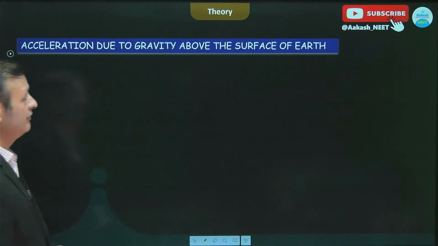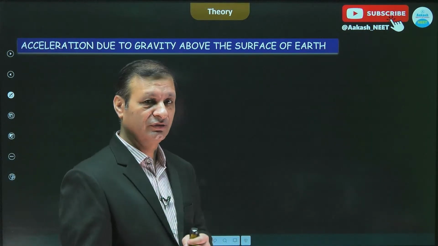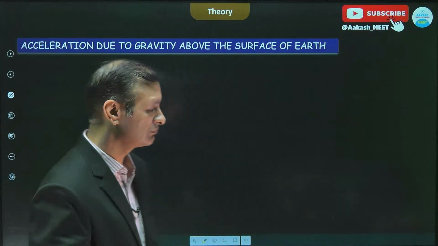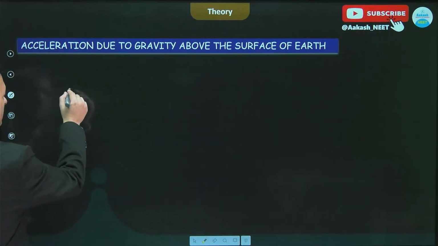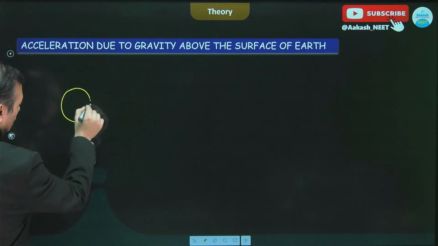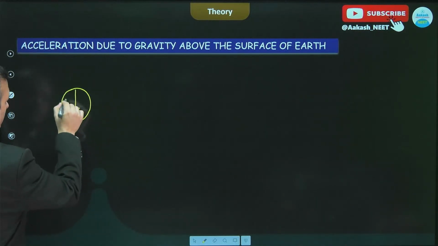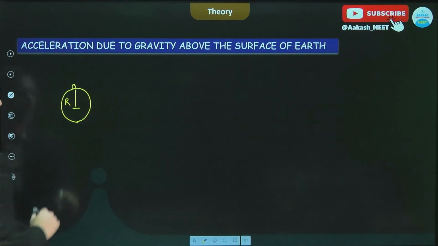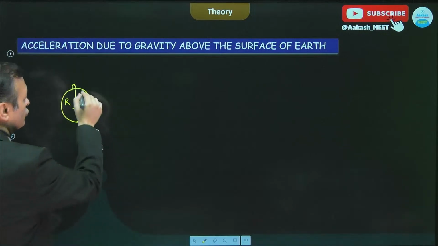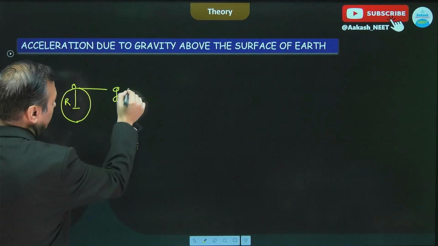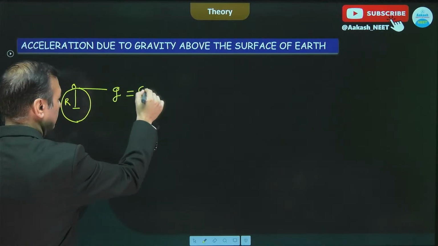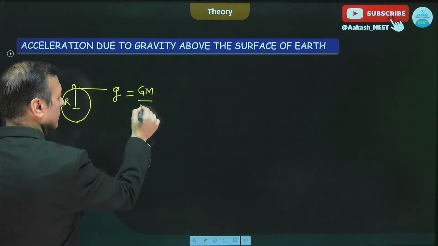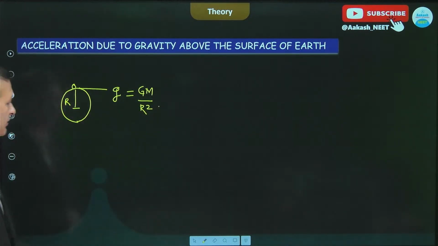Now acceleration due to gravity above the surface of Earth. So this is again very important. Now just pay attention. So this is your Earth and bodies on this surface. So we have just stated on the surface this g is capital G capital M by R square.